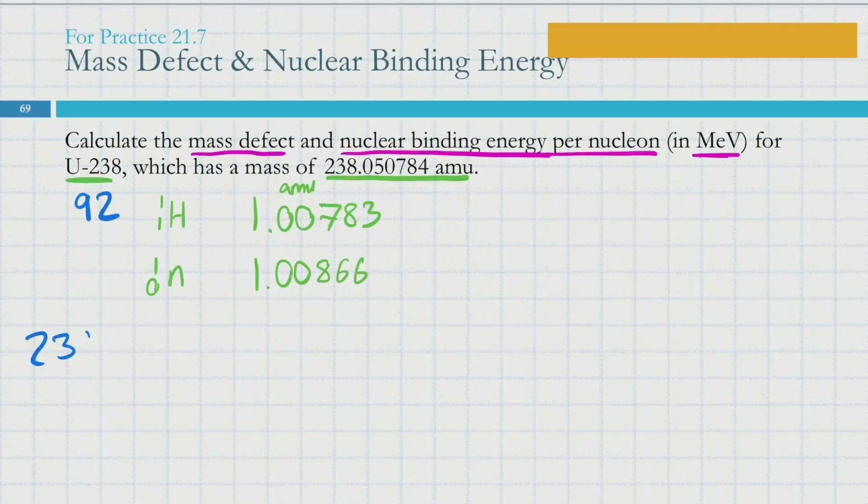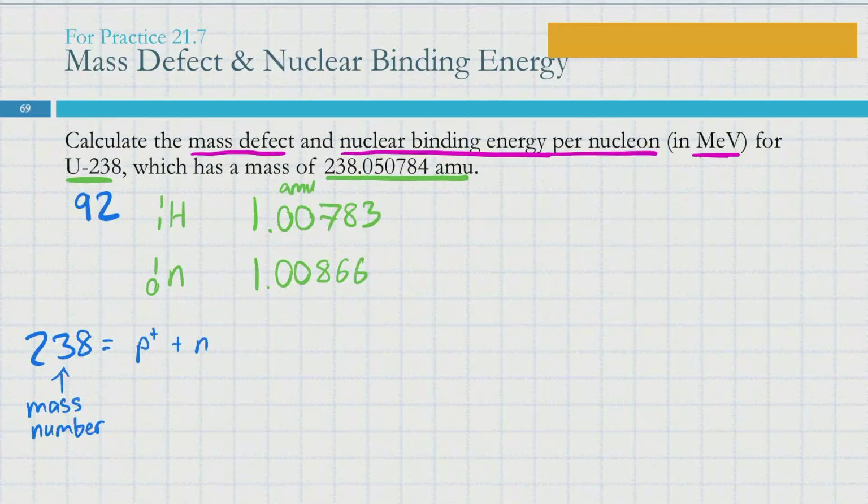So 238 is the mass number for this particular nuclide, and it equals protons plus neutrons.